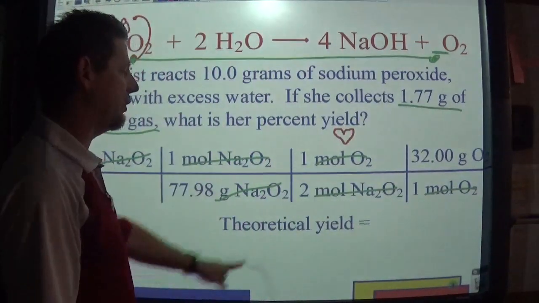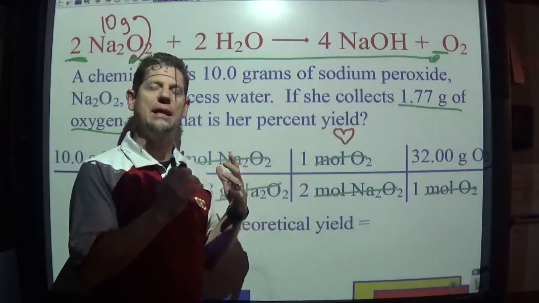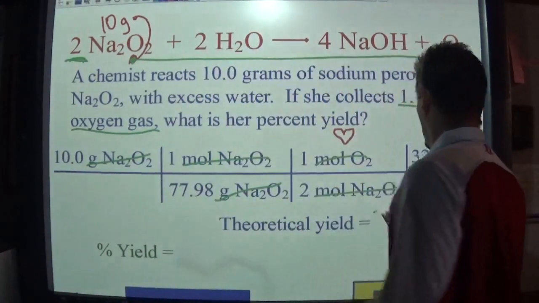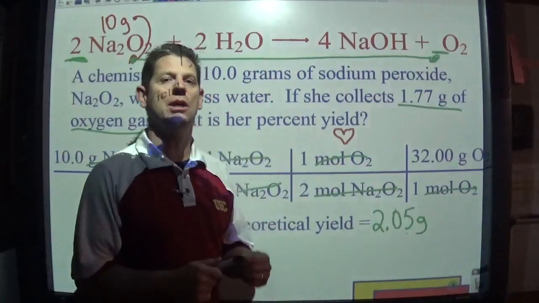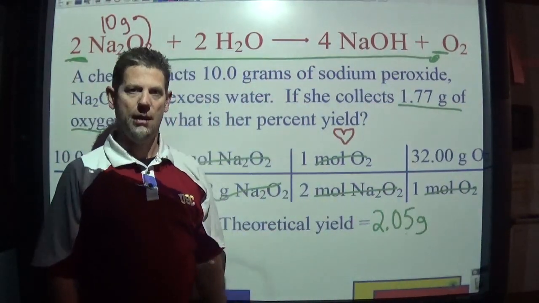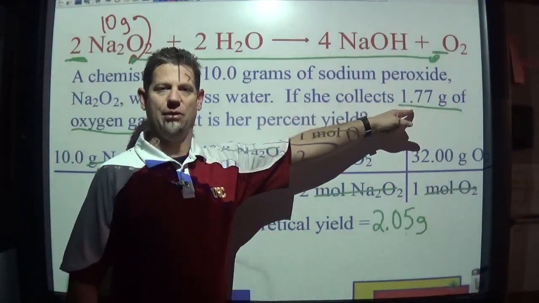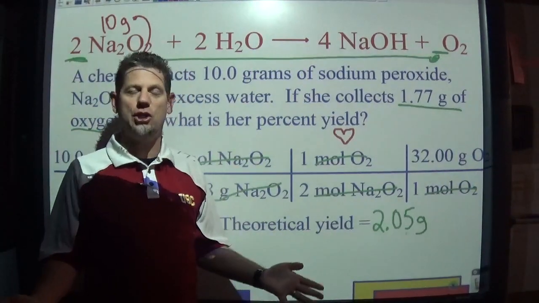When I do that, my theoretical yield, whenever we do a problem on paper, this is a theoretical answer. That value, when you push this on your calculator, you should get 2.05 grams. That's how much this chemist should have produced if this was a perfect reaction. But they told us that when she did this, she only collected 1.77 grams. In order to find the percent yield, we want to know, what is her grade? What did she get?